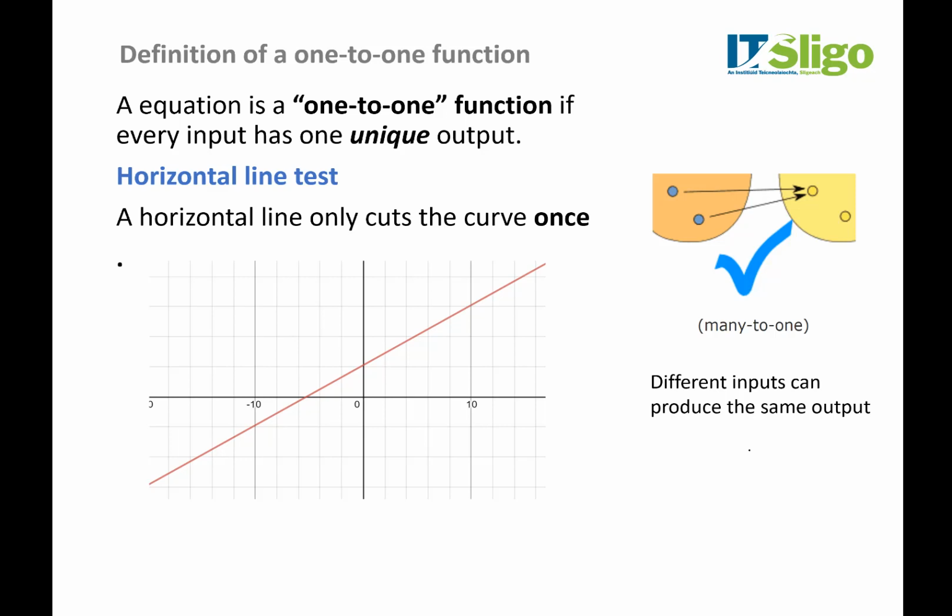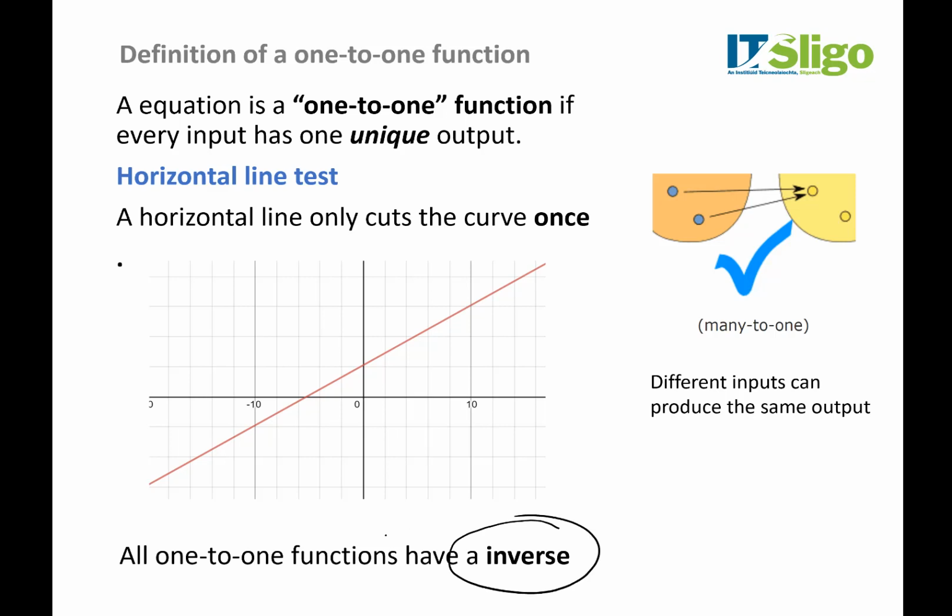That's slightly different, where several inputs can produce the same output. We'll look at a few examples of these in some of the coming slides. If it's a one-to-one function, then we know it definitely has an inverse. Lots of many-to-one functions also have inverses, but if it's one-to-one, it's definitely got an inverse.